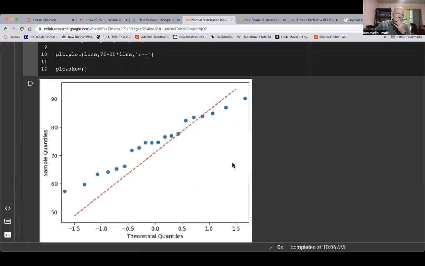Okay. So originally I had this set in there where it was doing a fairly good job of getting it drawn. Oh well. So in any case, though, when you do one of these QQ plots, then you look and see, does the data we've got look like it's a straight line?